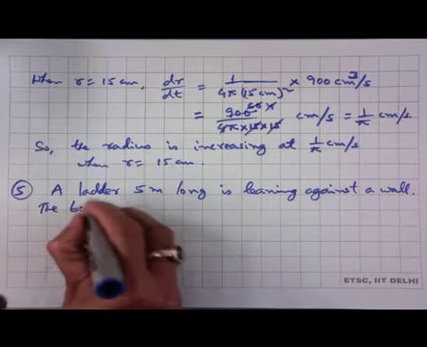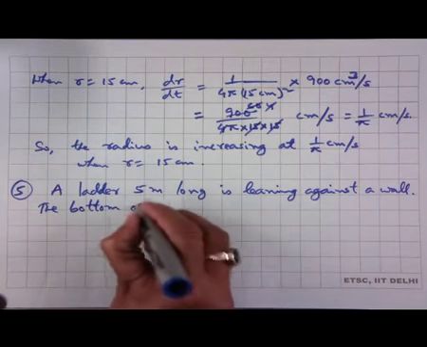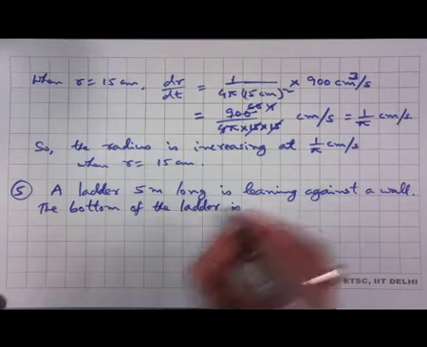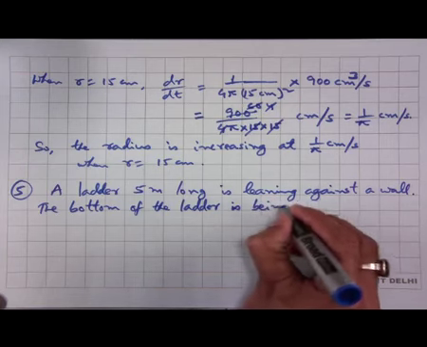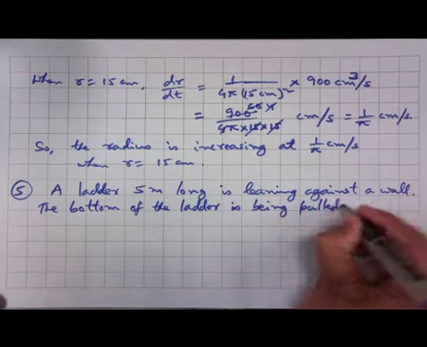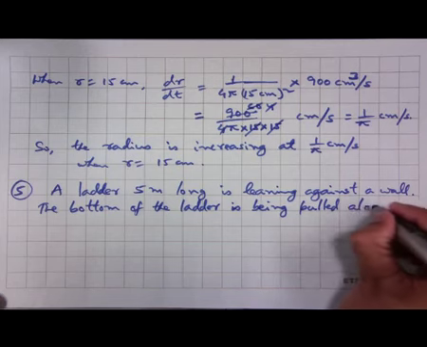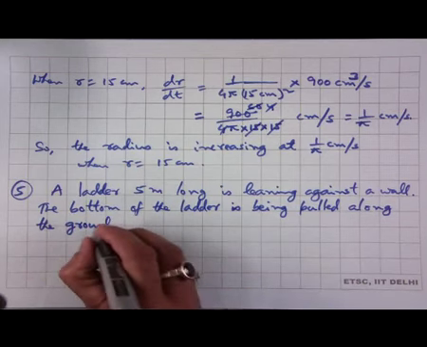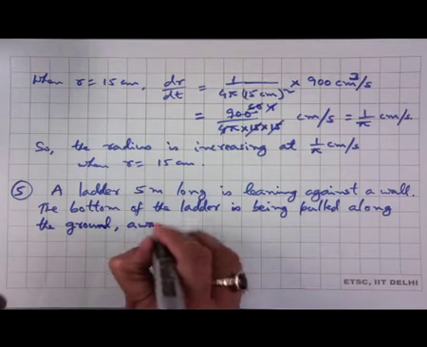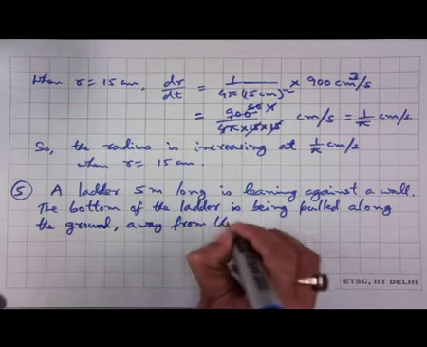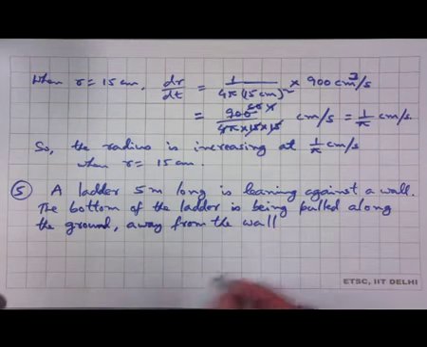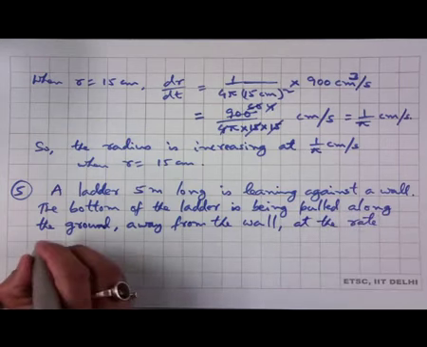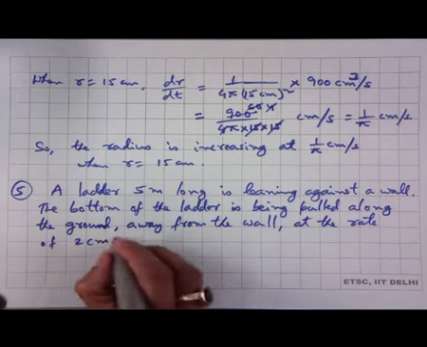Now, the bottom of the ladder is being pulled along the ground away from the wall at the rate of 2 centimeter per second.